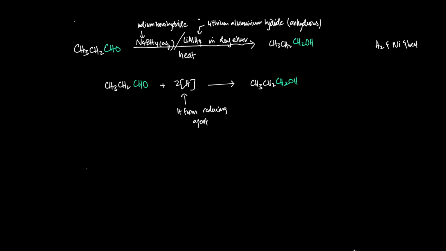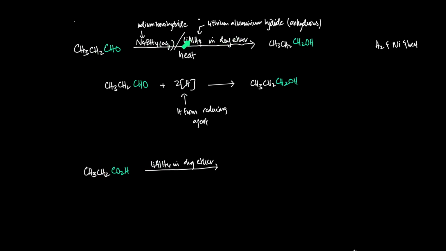All right. Now you can also reduce a carboxylic acid, okay, to a primary alcohol. But for this reaction, you have to use lithium aluminum hydride, okay? Sodium borohydride will not reduce a carboxylic acid, okay?